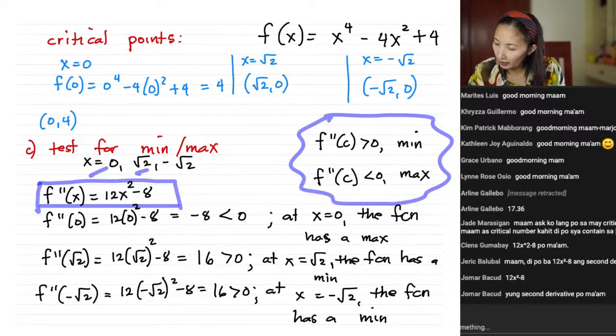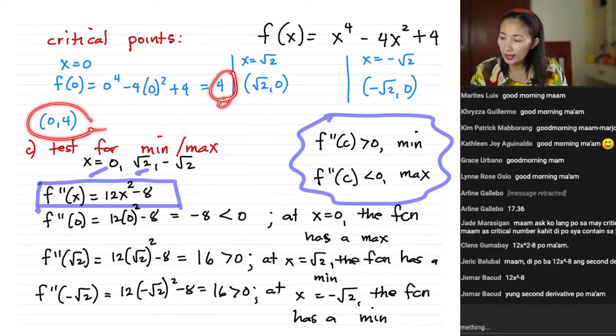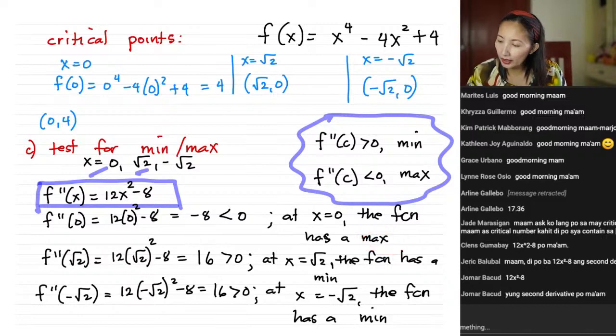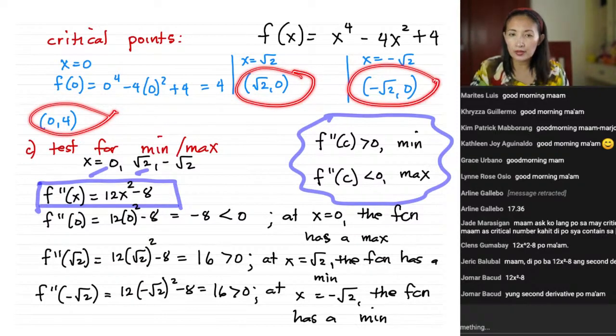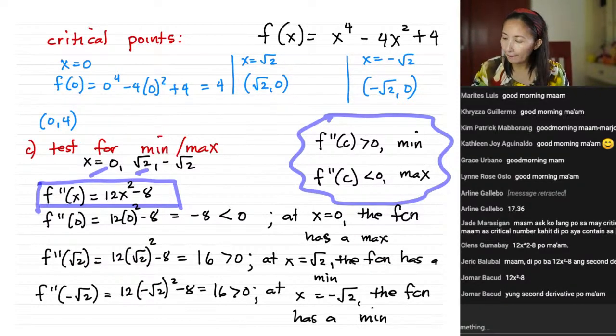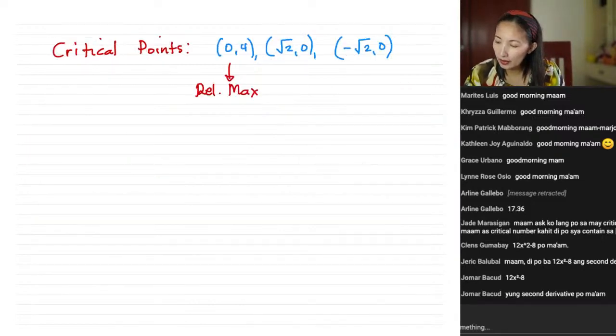Oh, there. f of 0 is equal to 4, which means that 4 is the relative max. Our critical points are 0, 4, square root of 2, 0, negative square root of 2, 0.